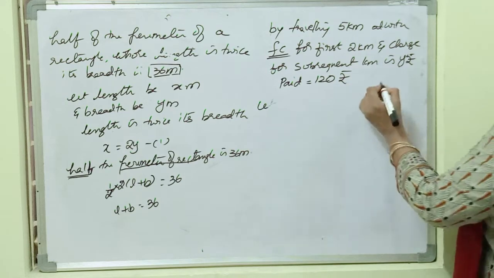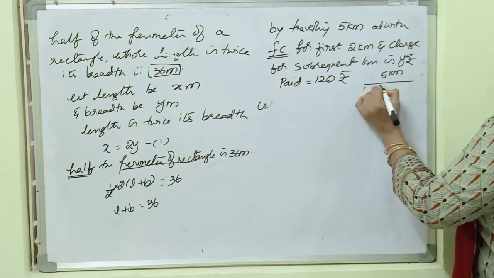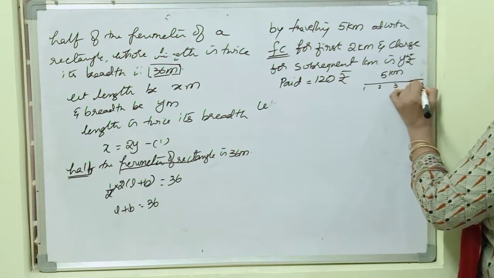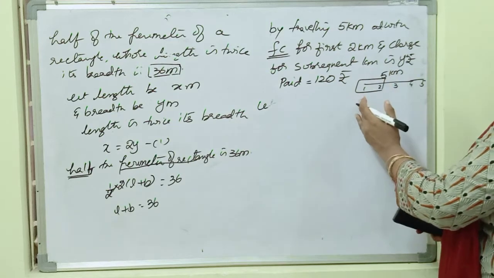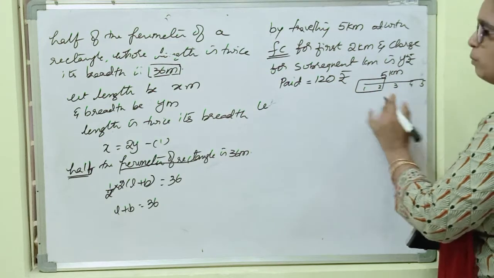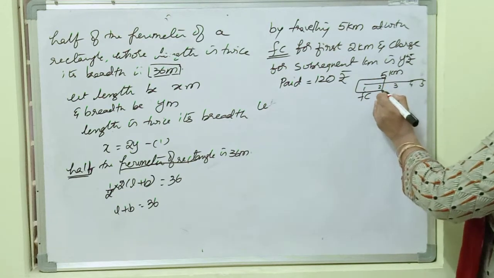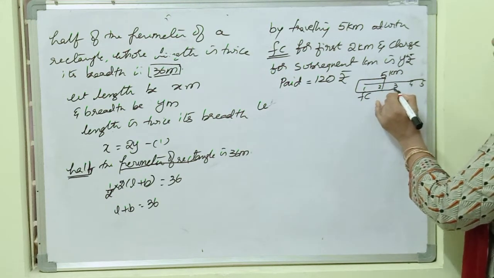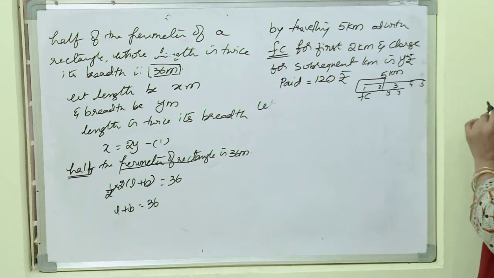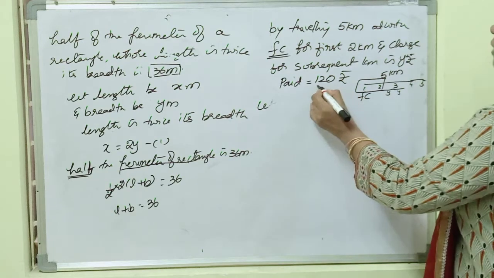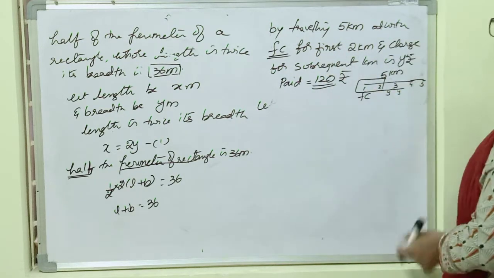Okay, so when he traveled 5 kilometers, 1, 2, 3, 4 and 5. For the first 2 kilometers, whether he is traveling less than 2 kilometers or exactly 2 kilometers, he needs to pay a certain amount called the fixed charge. And thereafter, for every next kilometer, he is going to pay y rupees, and so on. But for traveling 5 kilometers, he paid how many rupees? 120 rupees.